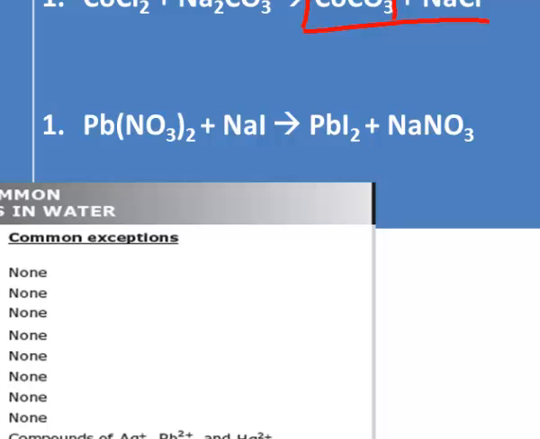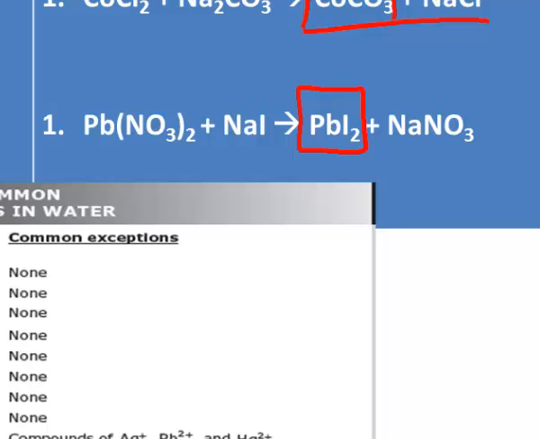So is it still soluble? I'm going to go with no. So that would be our insoluble precipitate. Do we need to check the other one now, or can we just assume the other one's soluble? We should probably check, but I would assume that nitrate would be soluble. Nitrate, no exceptions. We're good. Wasn't nearly as hard as it looked.